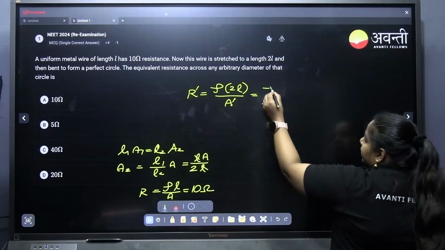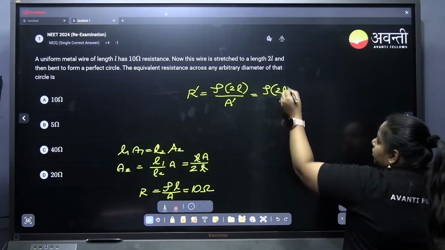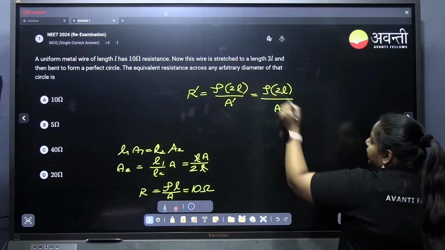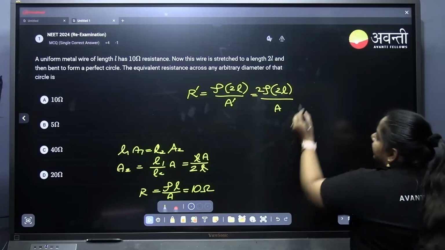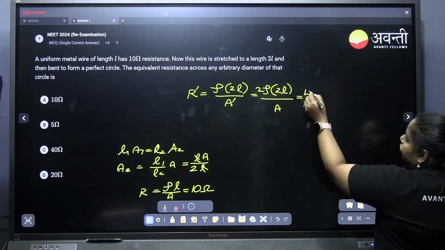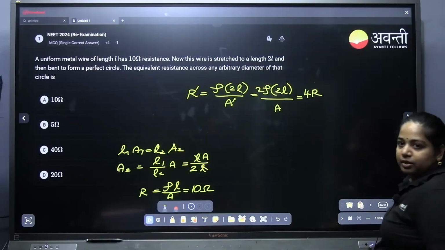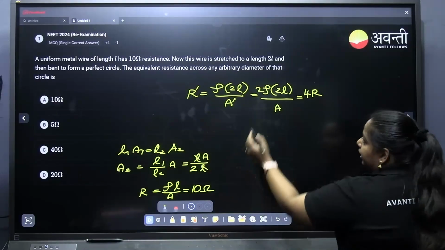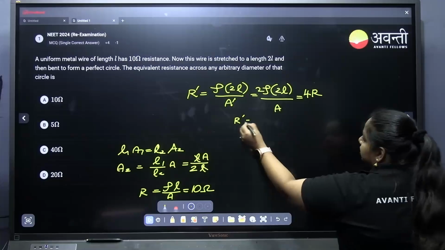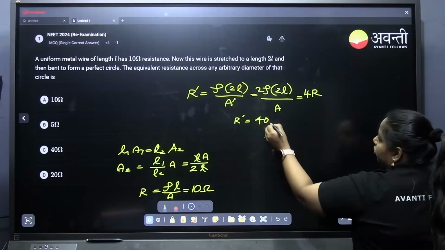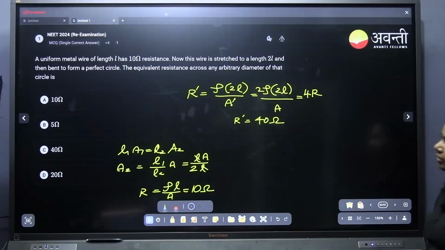Substituting that here, you get 2 into 2 by A by 2, so you get 4R. This is R, which means R dash is equal to 40 ohm. Is that clear?